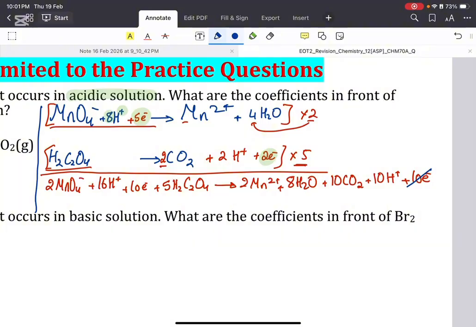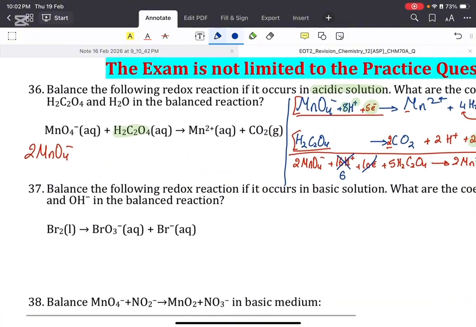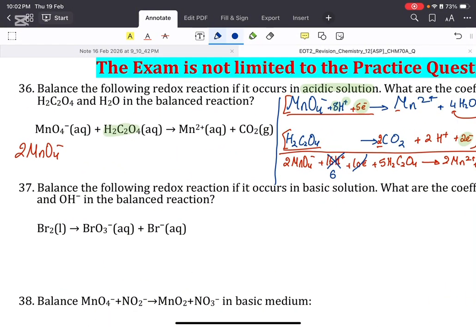Now we start cancelling out the electrons. I have 10 H plus here and I have 16. 6 will remain and that's it. So I have 2MnO4 plus 6H plus and 5H2C2O4.